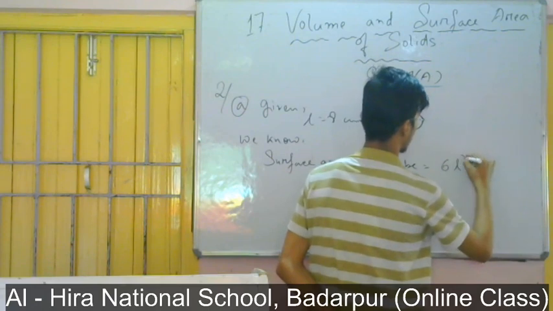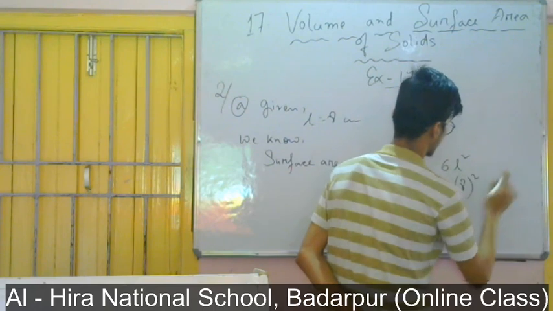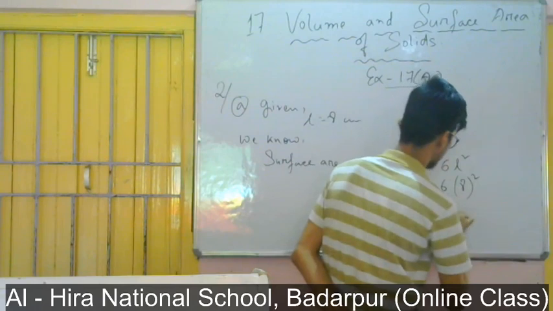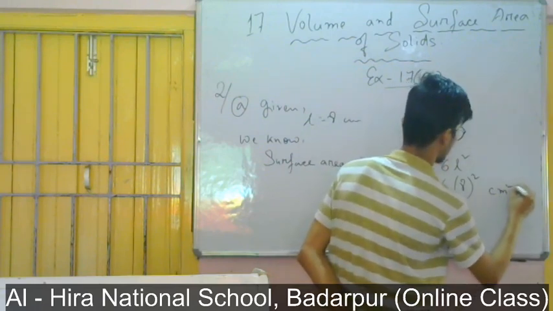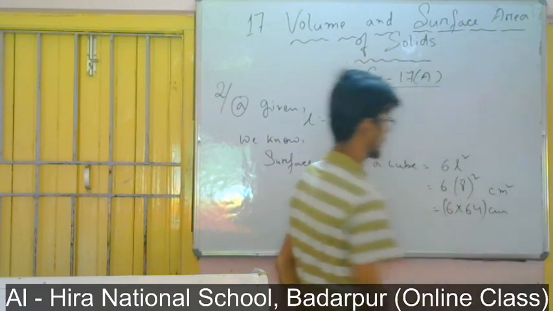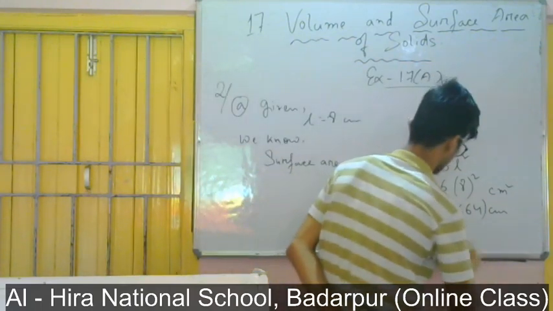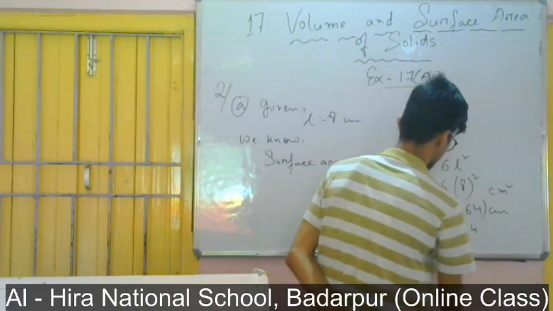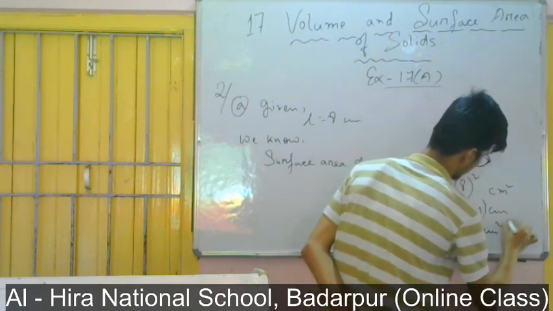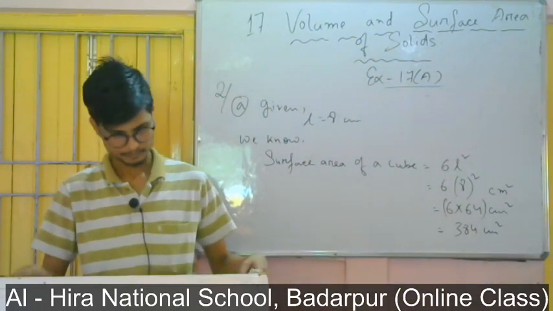So here L is 8, that means 8 square, only the length will be squared. So 8 square is 64, unit will be centimeter square. So 6 into 64 centimeter square. 6 4s are 24, 6 6s are 36, 37, 38, that means 384 centimeter square. So answer is 384 centimeter square.